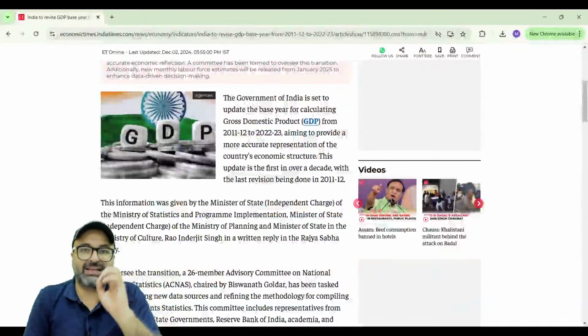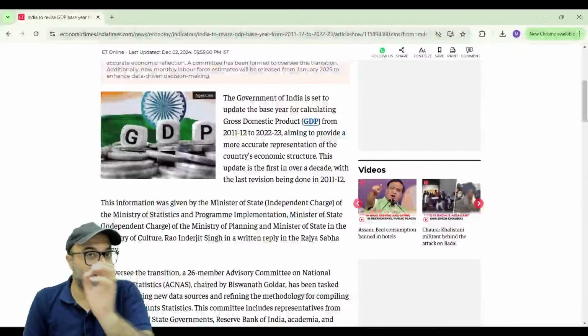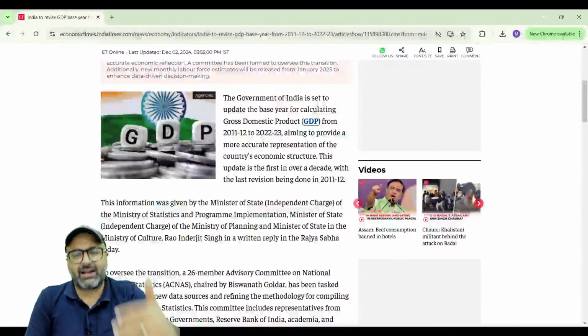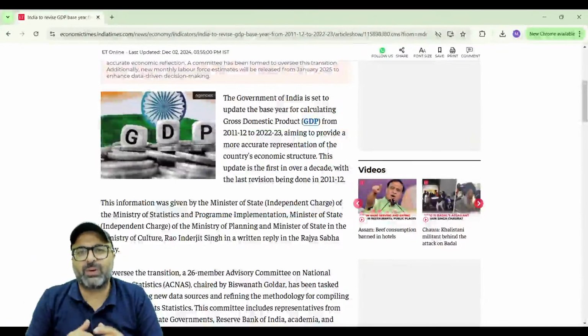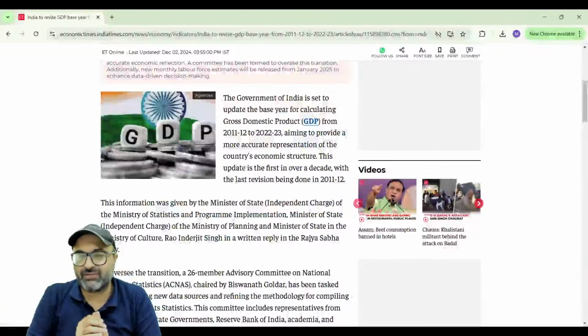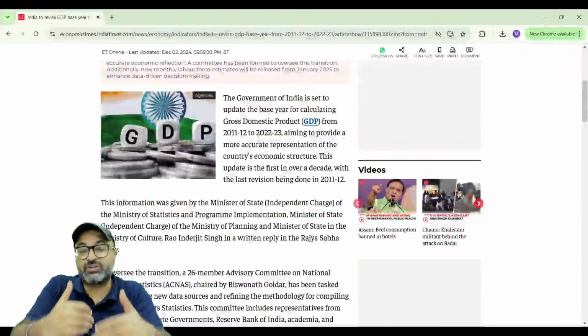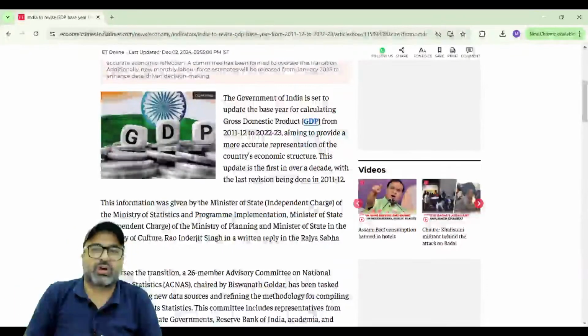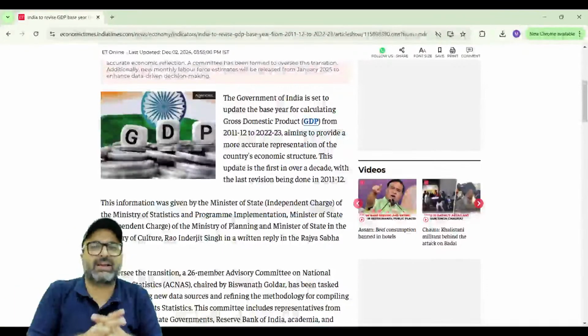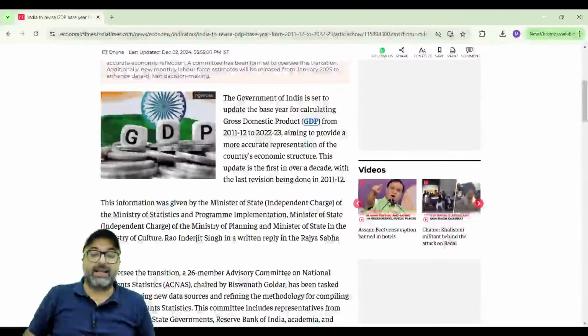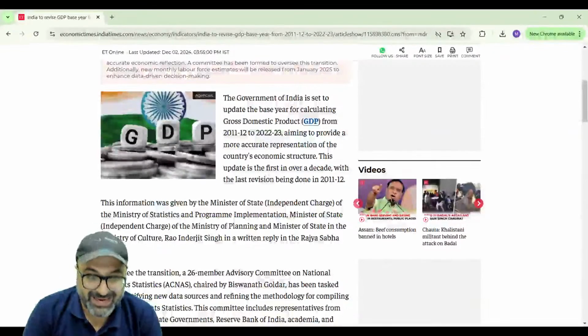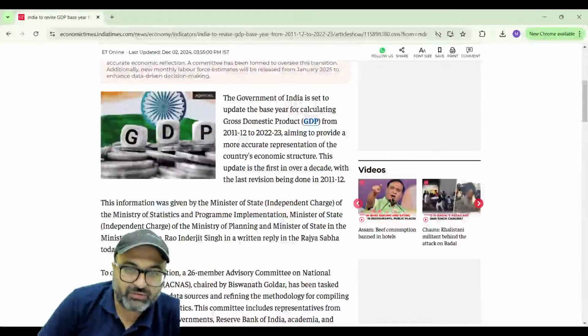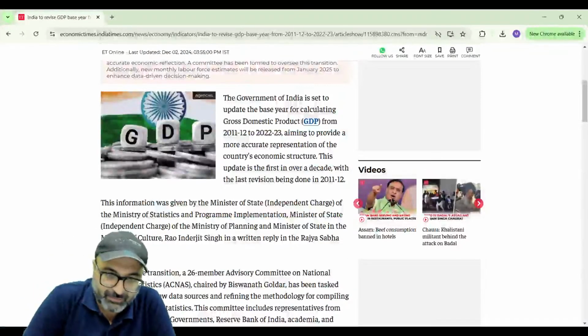So we were expecting 2017-18 to be decided as the base year for 2020 to 2025, but due to COVID that revision was not done. Now, once the economies have recovered from COVID, there are talks that India will be revising its base year from 2011-12 to 2022-23.